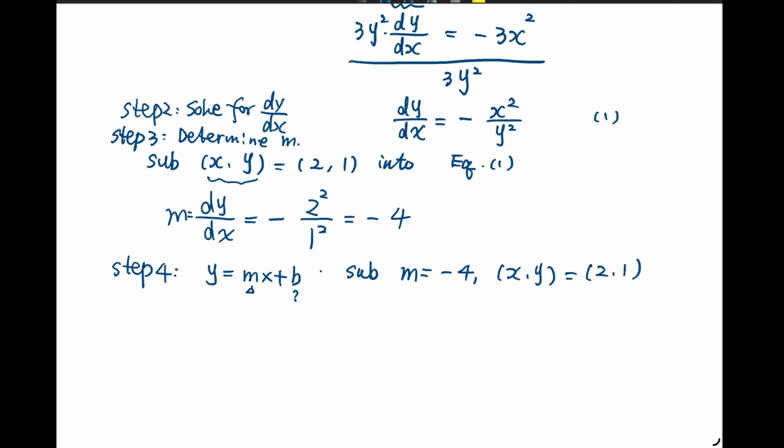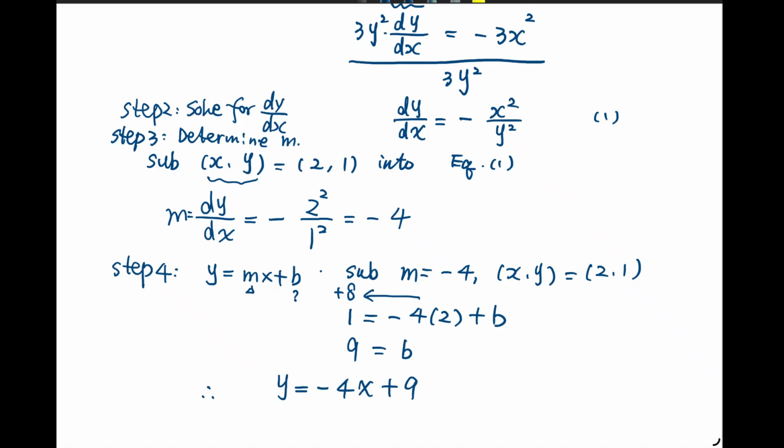Into this equation, we have 1 equals negative 4 times x is 2, then plus b. So we move the negative 4 times 2 is 8, to the other side is plus 8. So we have b equals 9. Then our final answer is y equals negative 4x plus 9. So this is the equation of the tangent line that passes through the point 2, 1.